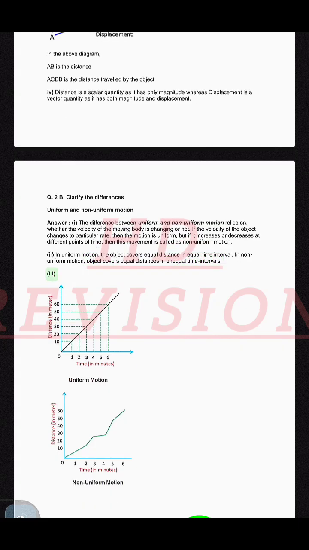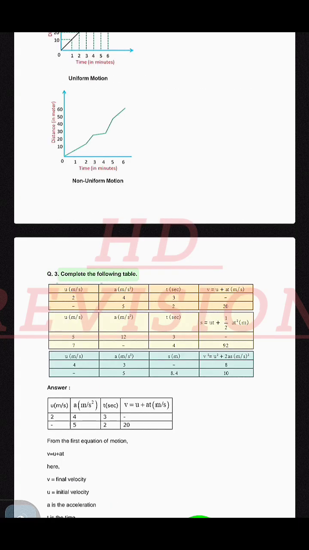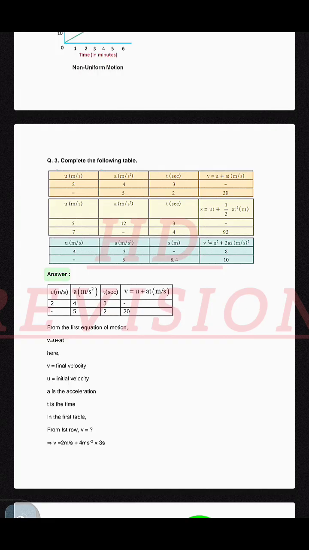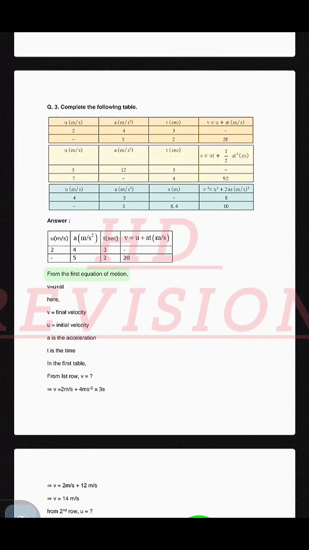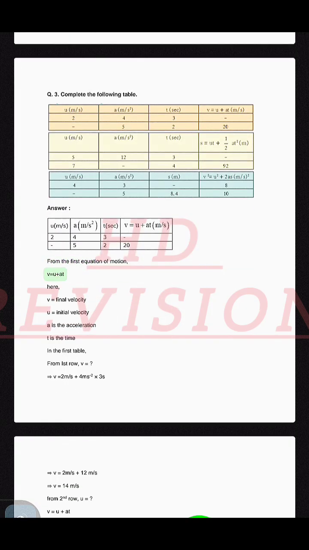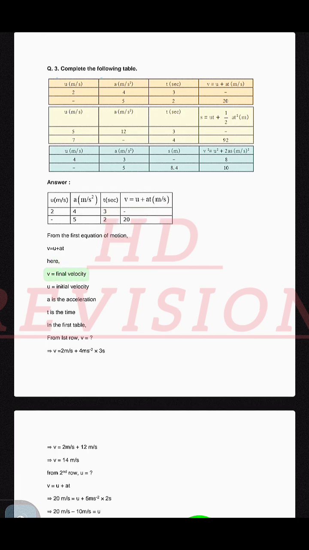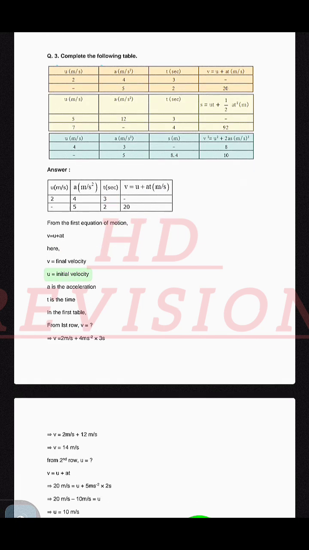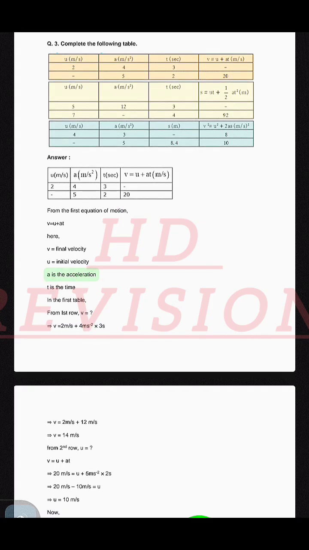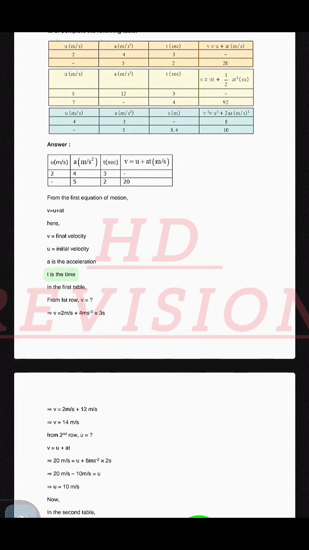Q3. Complete the following table. Answer. From the first equation of motion, v equals u plus at. Here, v equals final velocity, u equals initial velocity, a is the acceleration, t is the time.